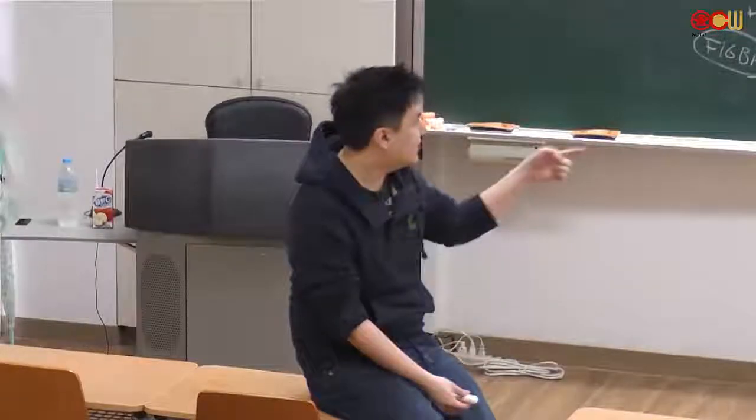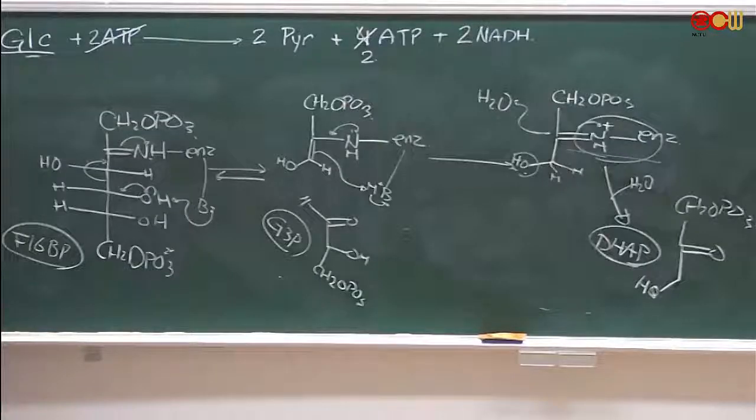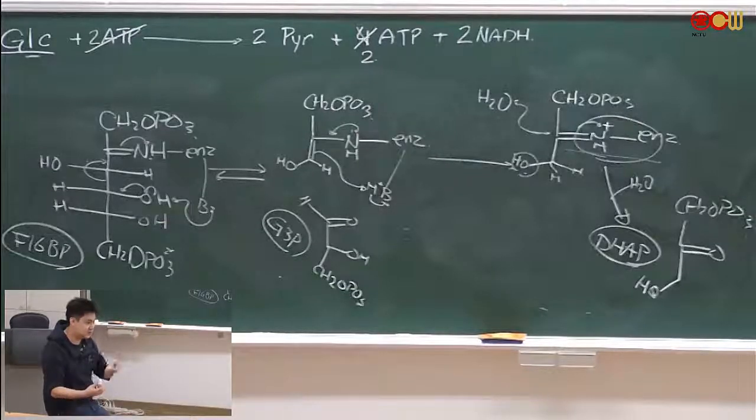The first way is to make DHAP become G3P or G3P become DHAP, and then use one pathway to go down to pyruvate. The other option is you design 2 independent pathways, one for consuming G3P and one for consuming DHAP. So you have 2 options.